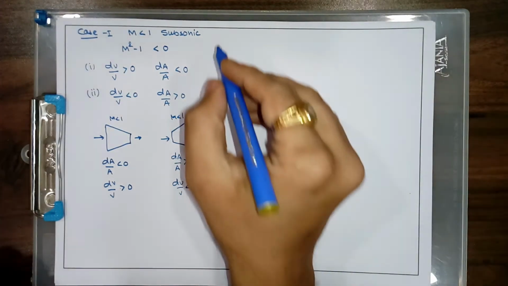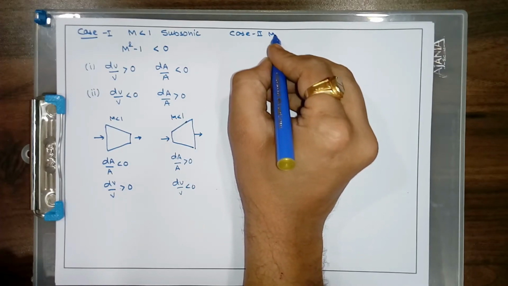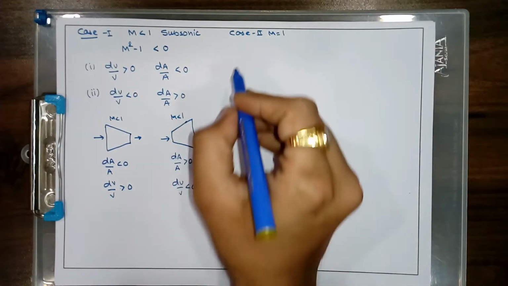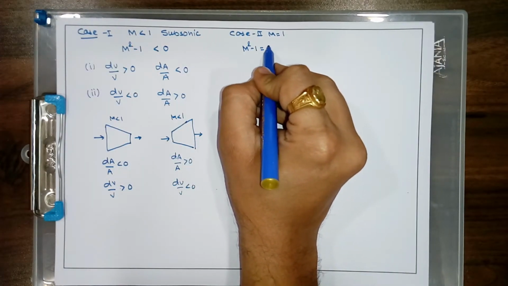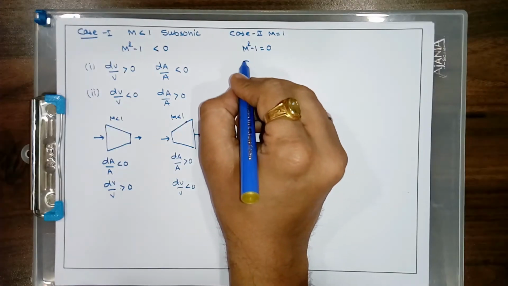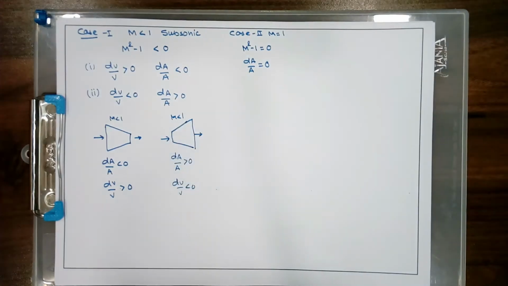Now we discuss case 2. Mach is 1, meaning our flow is sonic. If Mach is 1, then M square minus 1 becomes 0, and dA by A also has a value of 0.